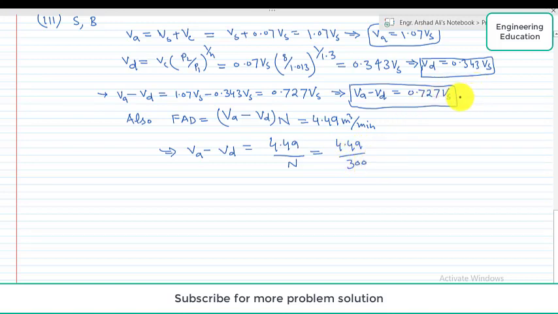So over here we have expression A, suppose, and we also have the value of VA minus Vd here. Let's suppose this is B.